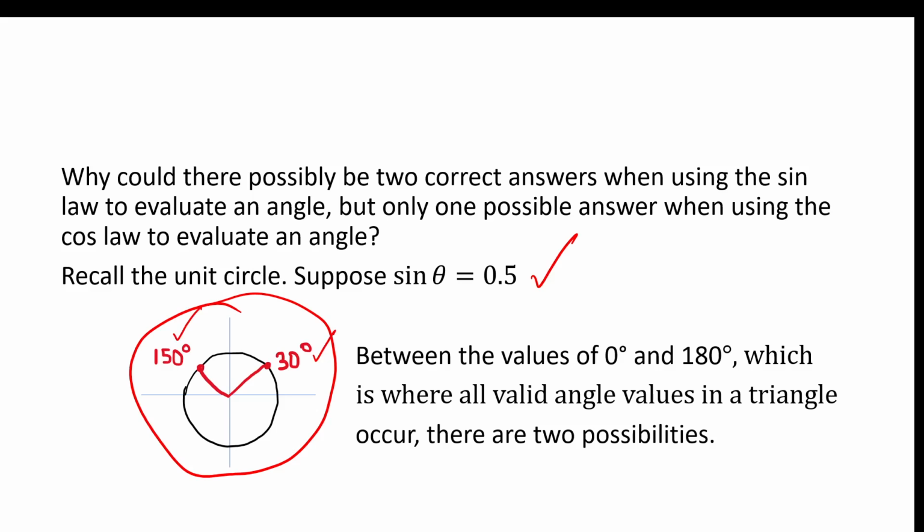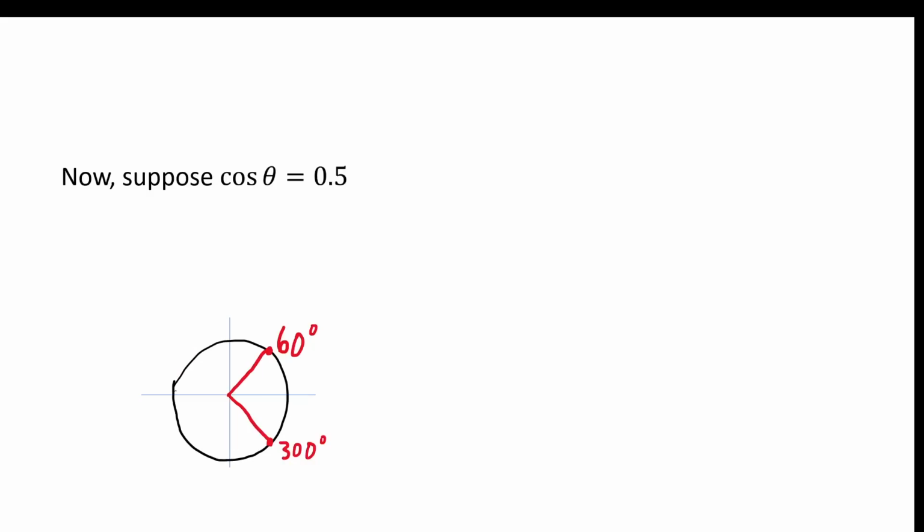Both of those angles are possible within a triangle because a triangle has 180 degrees total. So it is actually possible to have a 150 degree angle. In other words, it's a possibility that there are two answers. But if cos theta equals 0.5, then we see that our two answers using the unit circle approach are either 60 degrees or 300 degrees.